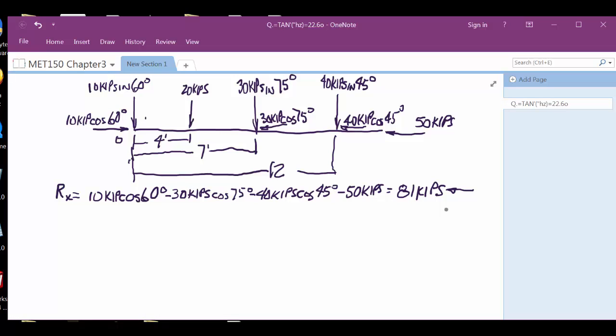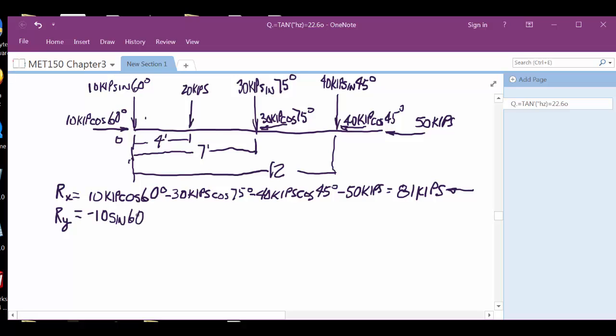So that's that. Well, then I've got the resultant force in the Y. Well, I've got 10 kips there going down, right? Negative 10. Can I dispense with the kips? Can I just put sine of 60? Yep. It'd save me some writing.